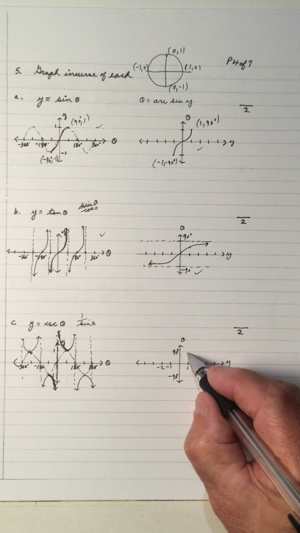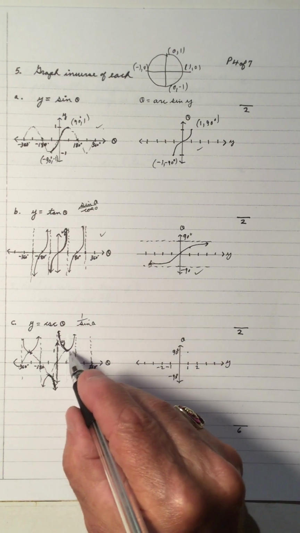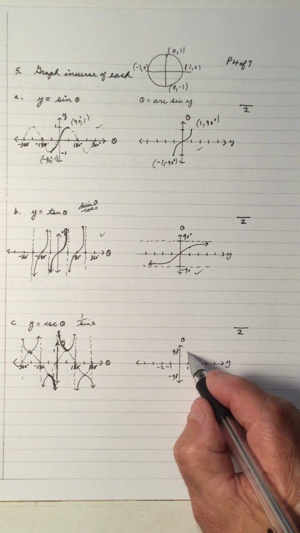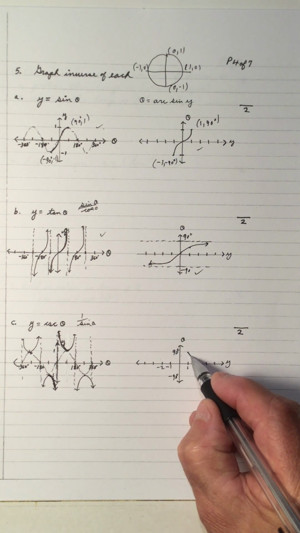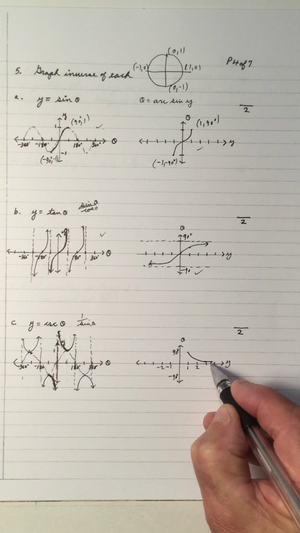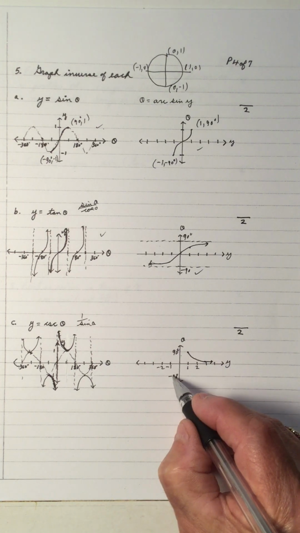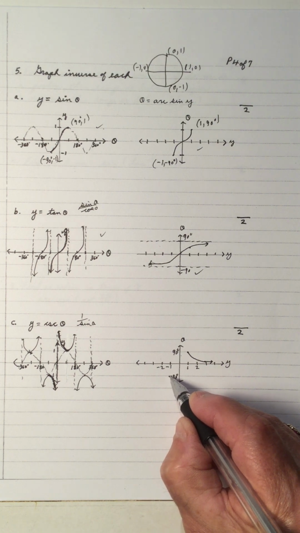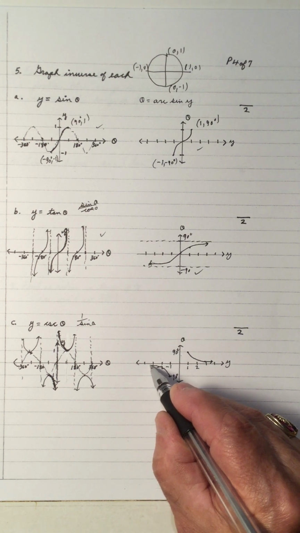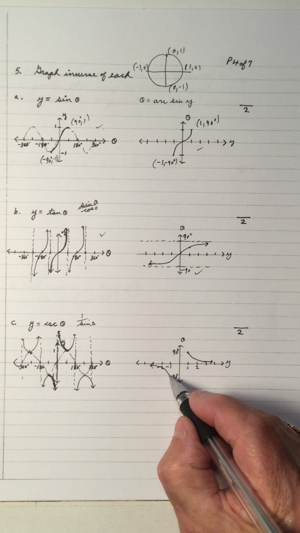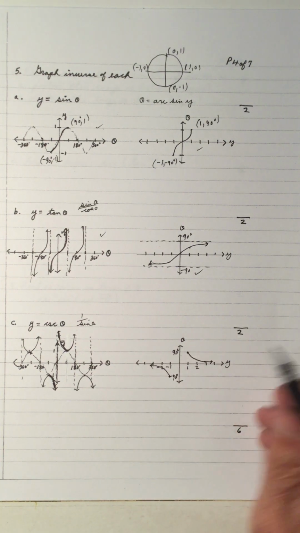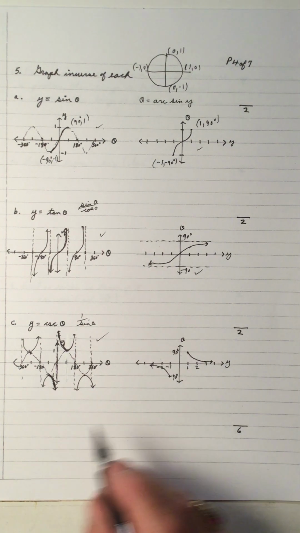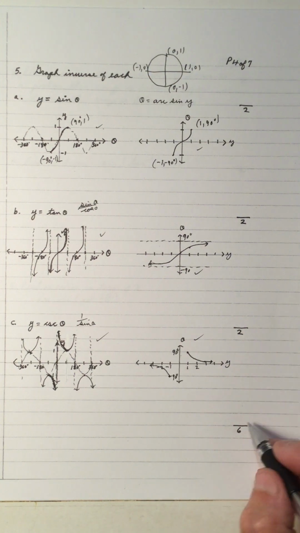So at 1, it's going from 1 to 2, so it's going like this. And right here, there's the negative 1. Swing it this way. So there's its inverse.